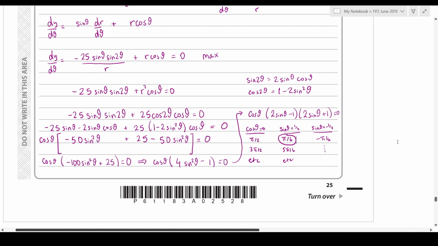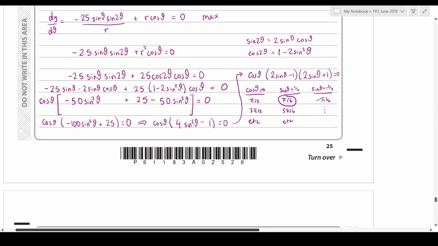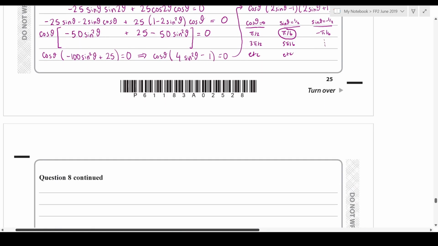Right, so that's going to be our two values, because we've got a positive one on the right and one on the left, haven't we?